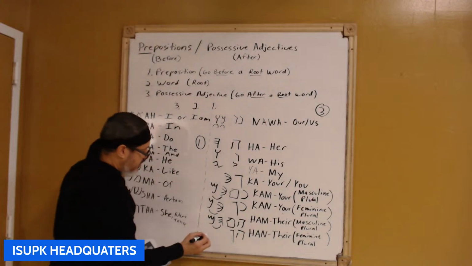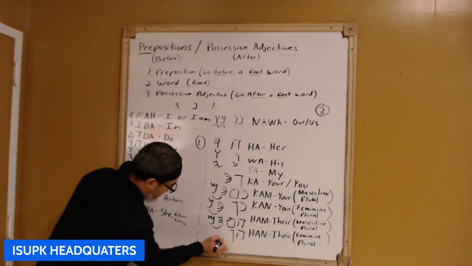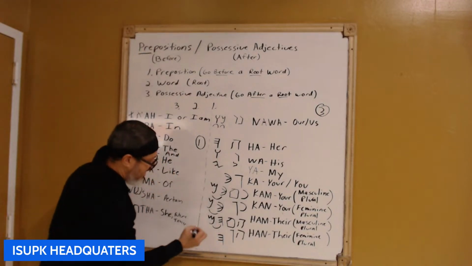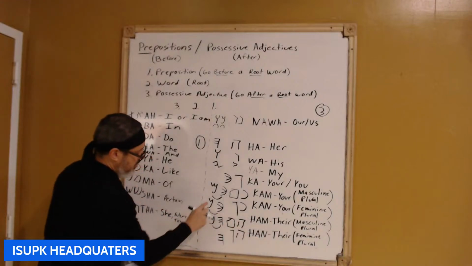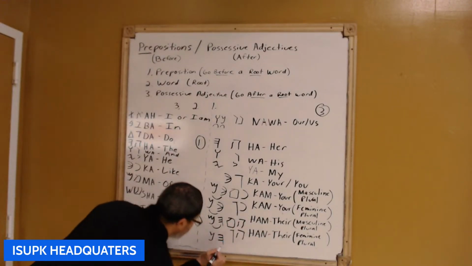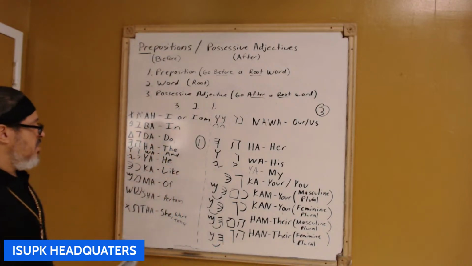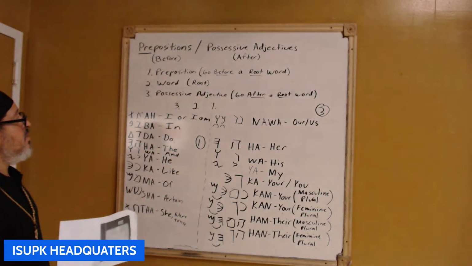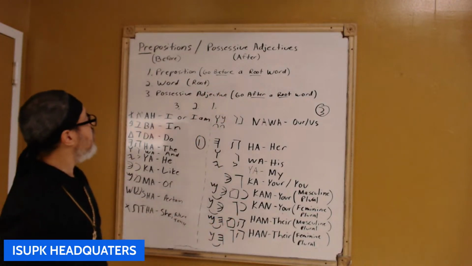And then the ancient. Got the ha. And then the N. Just as you have con, now you have han. And this right here is our possessive adjectives that happen after.